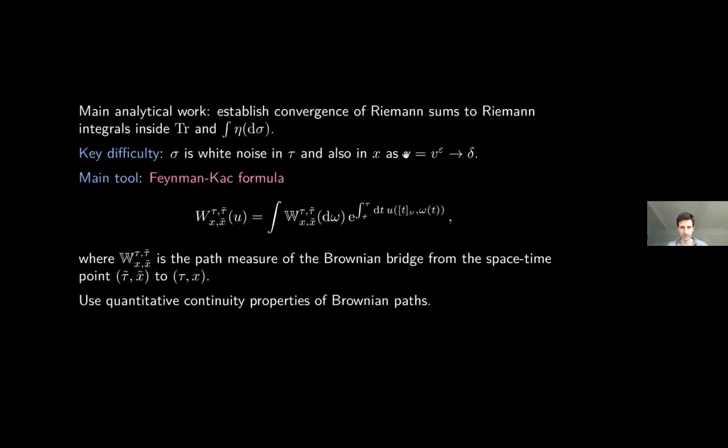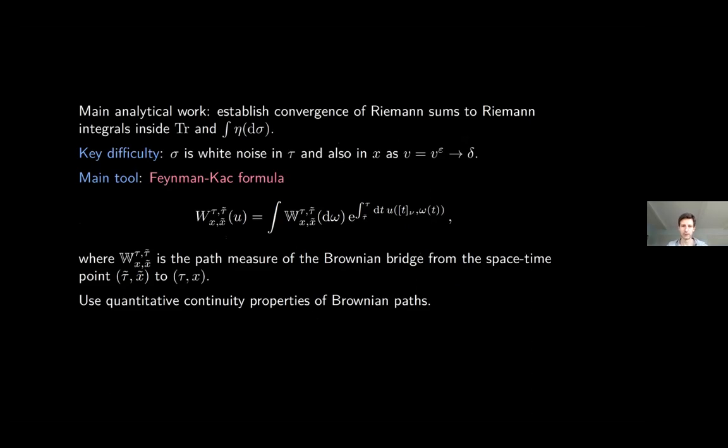This is the notation I use. This is the Brownian bridge measure, W, going from x tilde at time tau tilde to the point x at time tau. This is my Brownian path, and I just put this weight, which corresponds to my distribution mu.